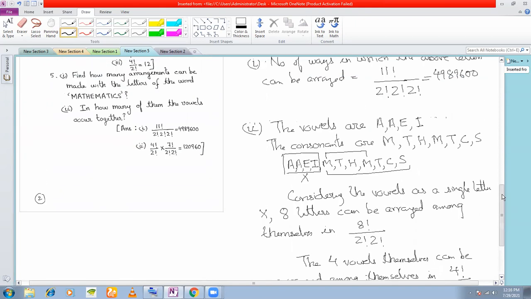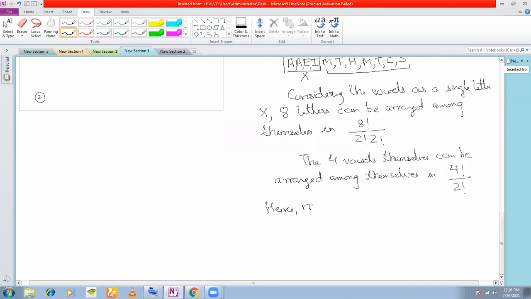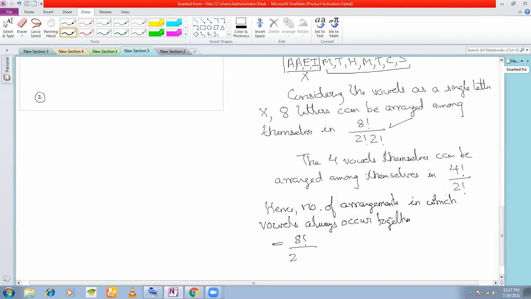So hence the number of arrangements in which vowels always occur together is equal to factorial 8 by factorial 2 into factorial 2, into factorial 4 by factorial 2.